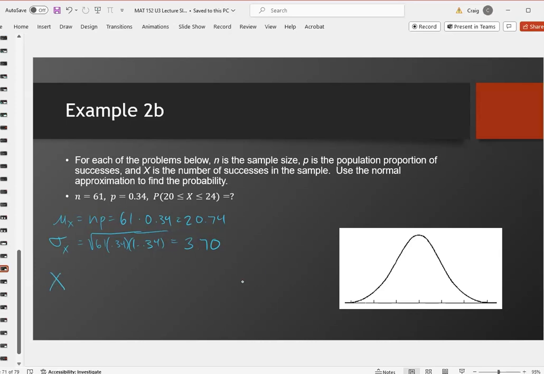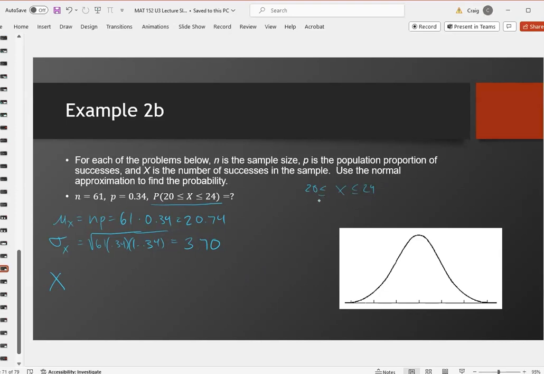Since we're using the normal approximation to find the probability, here we have the probability that x is between or equal to 20 to 24. If we're doing less than or equal to, think about the numbers that will round to 20.